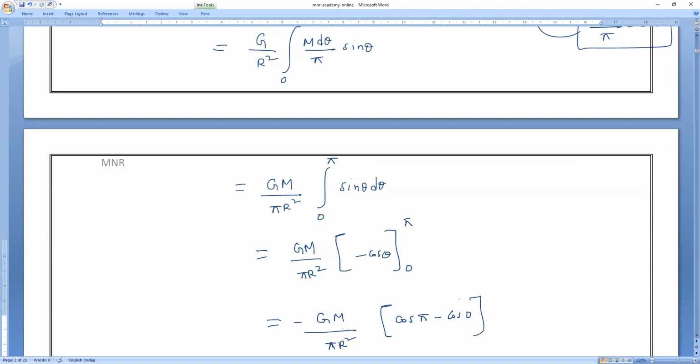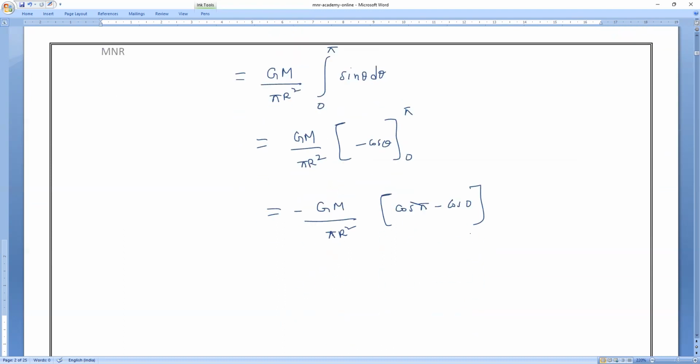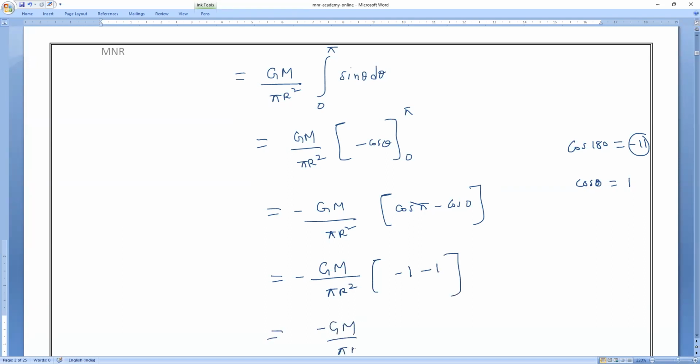What is the value of cos pi, cos 180? Minus 1. Cos 0 value is 1. Correct or not? So minus of GM divided by pi r square into minus 1 minus 1, which equals minus into GM divided by pi r square.